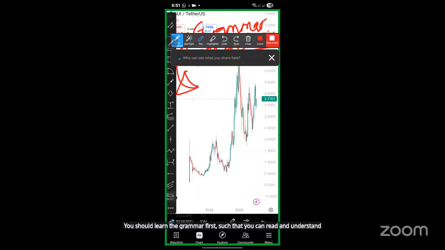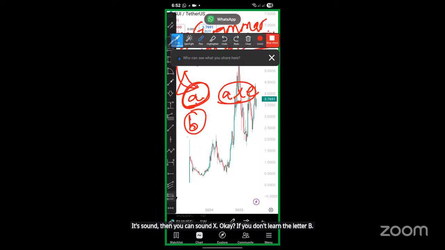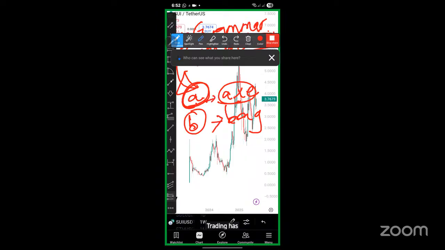You should learn the grammar first, such that you can read and understand. Before you learn letter A, you cannot read the word axe, okay? Unless you first learn this letter A, its sound, then you can sound it out. If you don't learn the letter B, you cannot read the word bag, you understand? So the same applies to trading. Trading has grammar and comprehension.